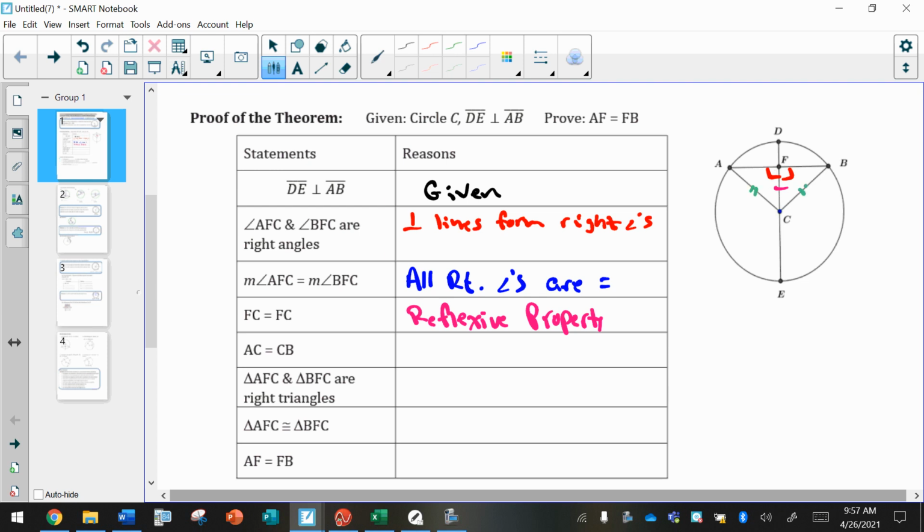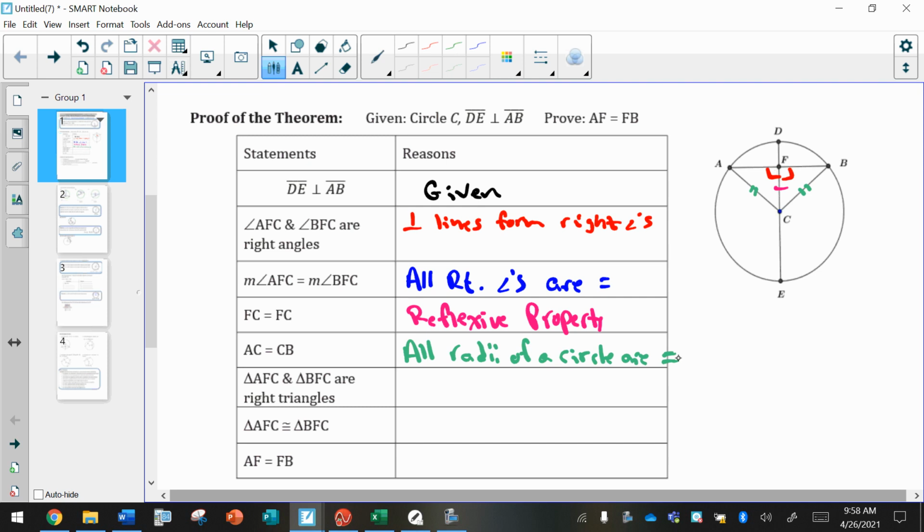So they are equal to each other because all radii of the same circle are equal. You have to say of the same circle because you can't just say all radii are equal, because not every radius is the same length as every other radius. But of any specific given circle, all radii of that circle are equal to each other.